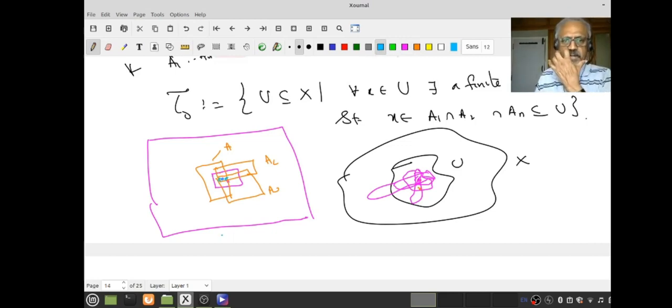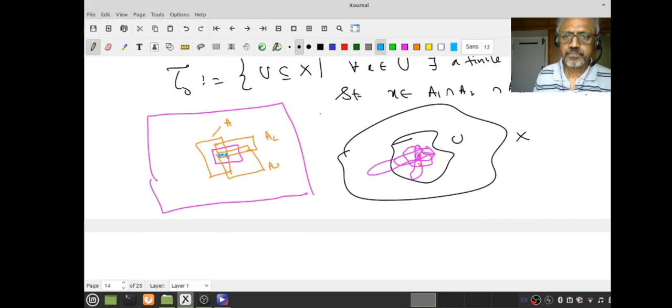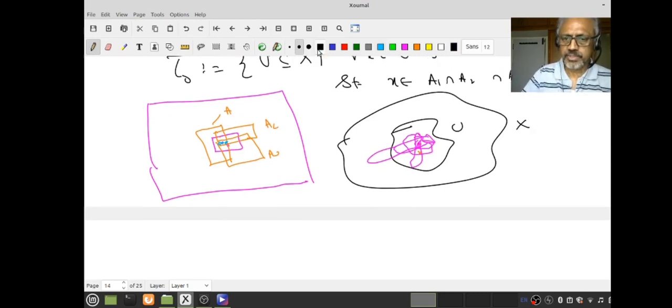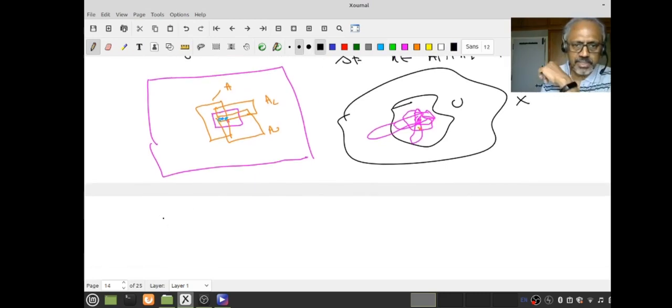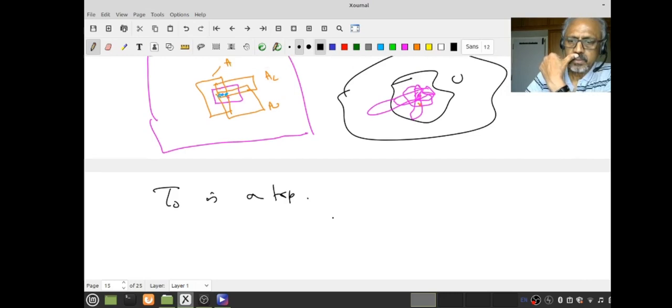You understand? That's what we want to do. So we will show that tau naught is a topology.